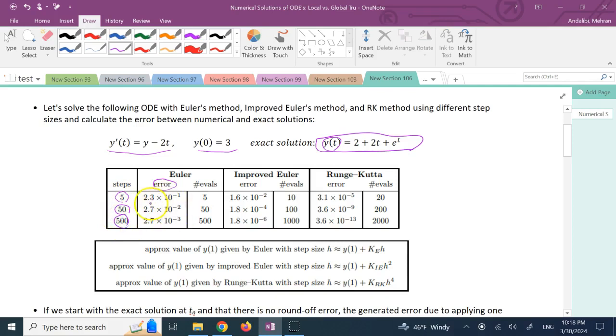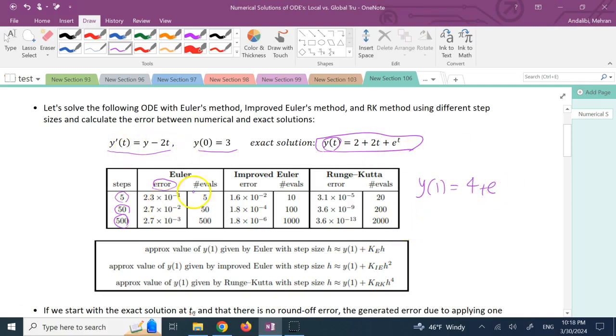And here we look at, let's say, y at a specific time point, right? So let's say, for instance, we start at y of 0, and then we want to find y of 1, which the exact solution is clearly, as you can see, 4 plus the Euler number, right?